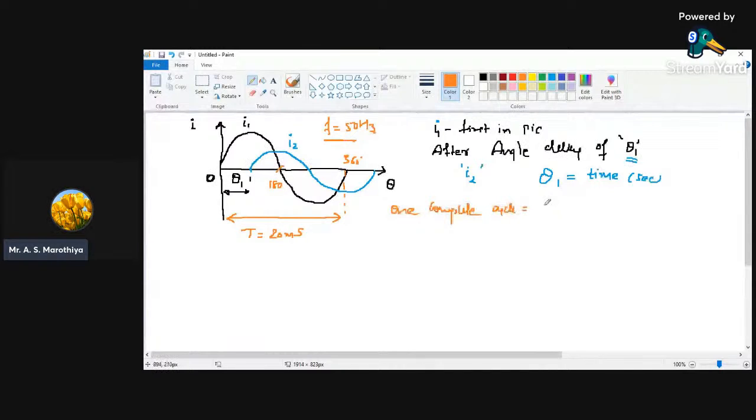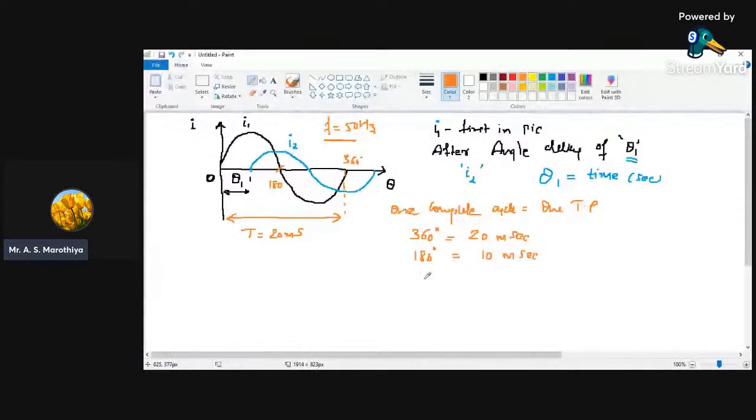One complete cycle in terms of angle is 360 degree, and one time period is 20 millisecond. This is very important. In the same way, suppose we want to find out what time duration 180 degree means. It is going to be exactly 10 millisecond.